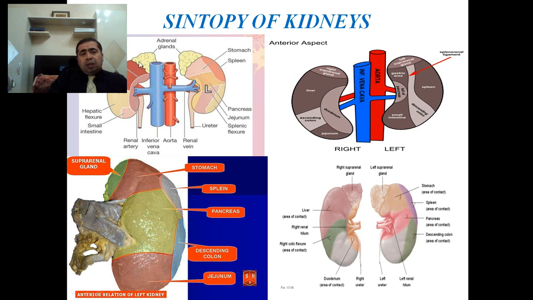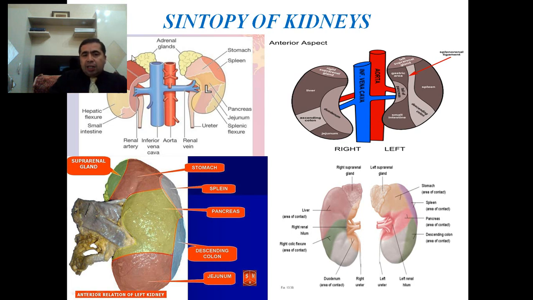For example, what about the posterior surface of both kidneys? Posteriorly, they are in close contact with muscles. I mean the musculus quadratus lumborum, musculus transversus abdominis, and also musculus psoas major. These three muscles are very important in fixation of the kidneys.